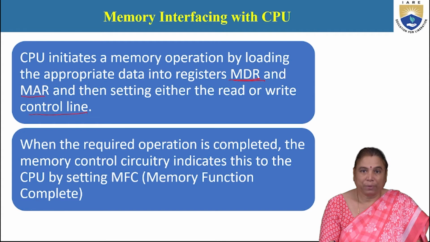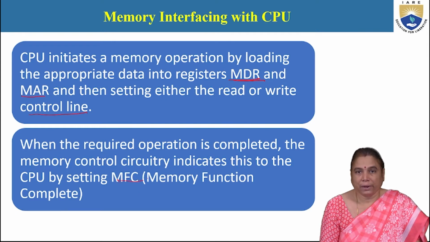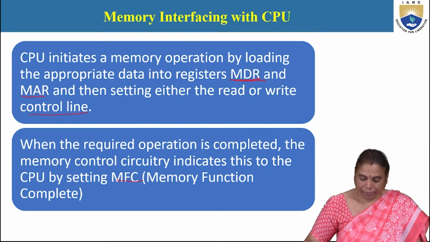When the required operation is completed, the memory control circuitry indicates this to the CPU by MFC, memory function complete. So it is an acknowledgement that the read or write operation is completed.